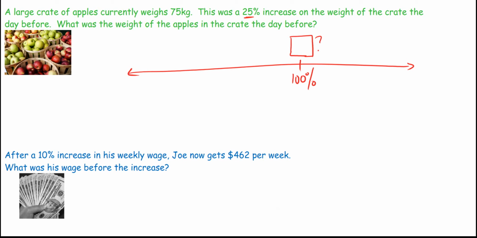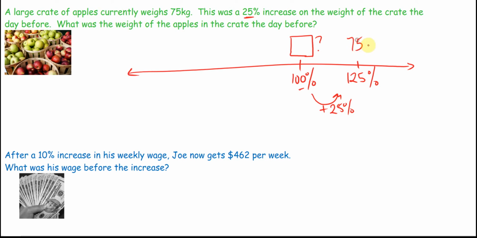So the original weight had a 25% increase added to it. So what we're looking at is the 125% includes the 100% plus the 25% increase, and that's what we currently have.